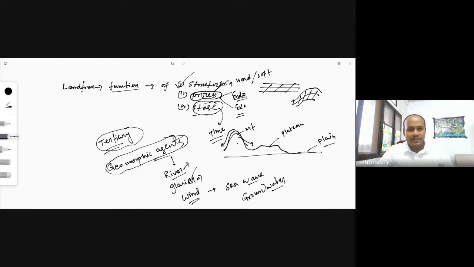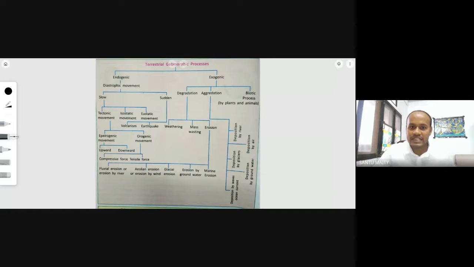Now come to the division which I displayed at the beginning of the class. The division is something like this. I think you can see the classification system in your book also. Here it is saying terrestrial geomorphic process.